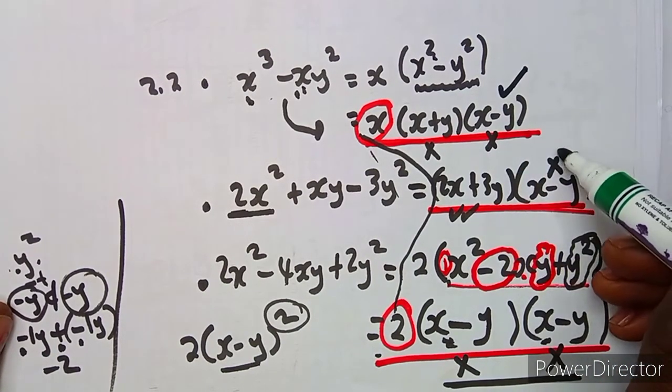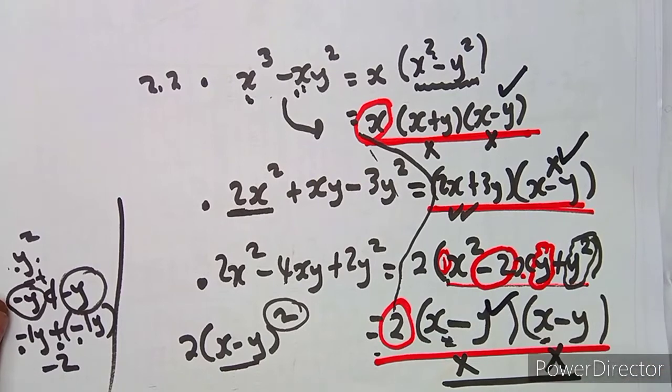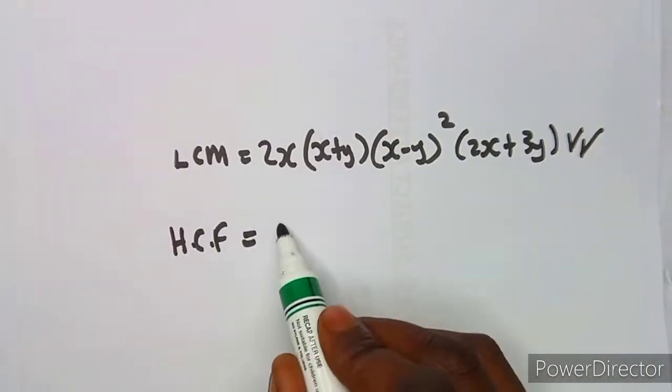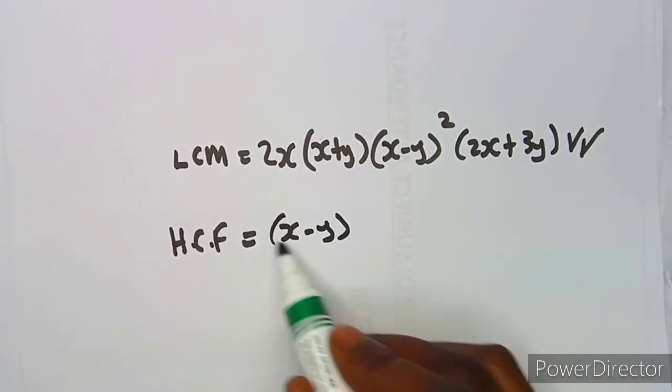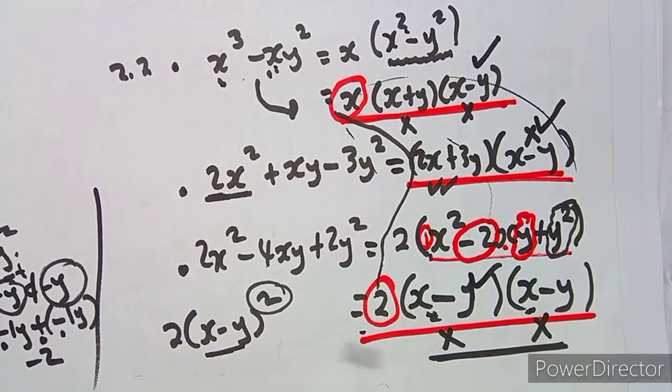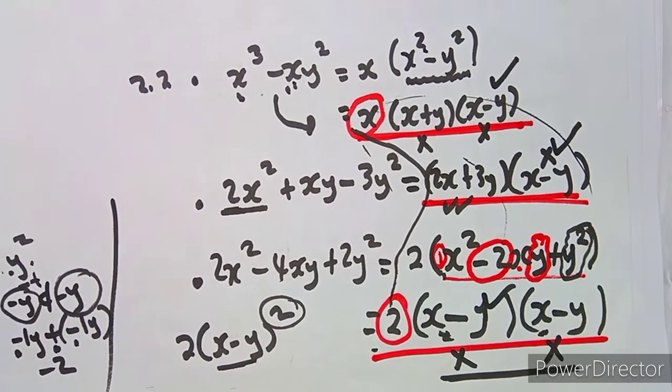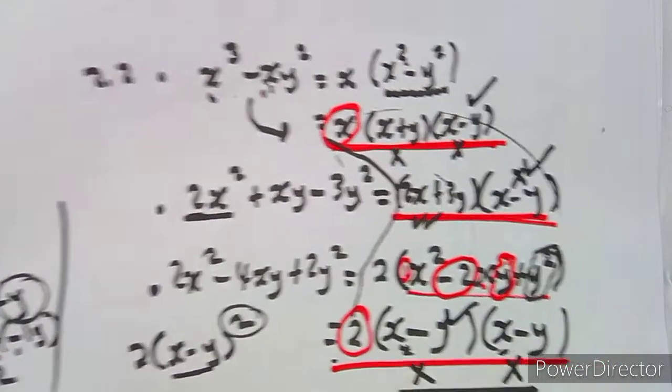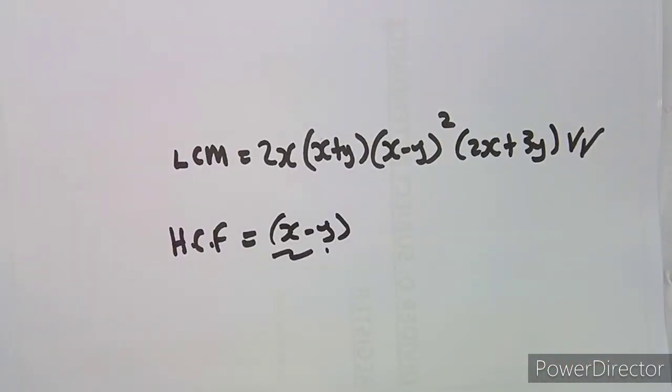X minus y. We have x minus y here. We have x minus y here. It's common. So that was going to be your highest common factor. It is the bracket, or terms, which are common throughout. That is your highest common factor. All right, so that's what we had. But in this case, the question was asking us for the LCM only.